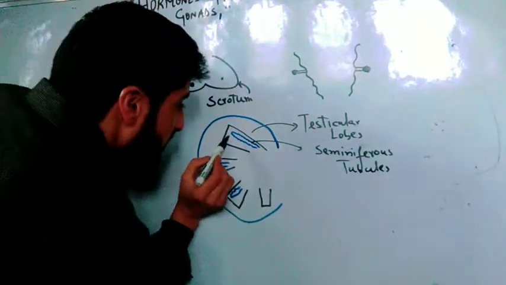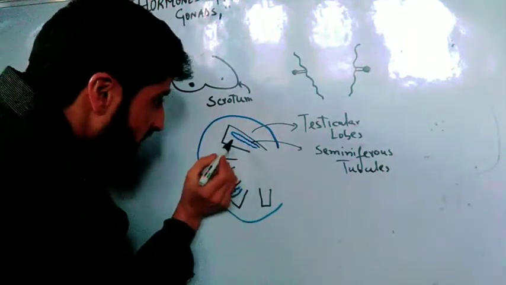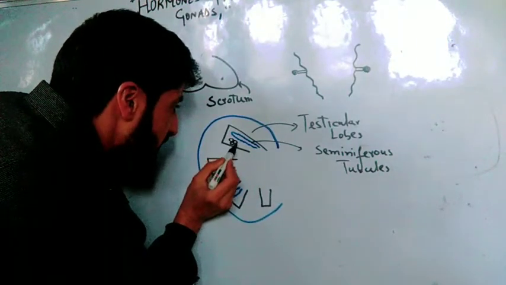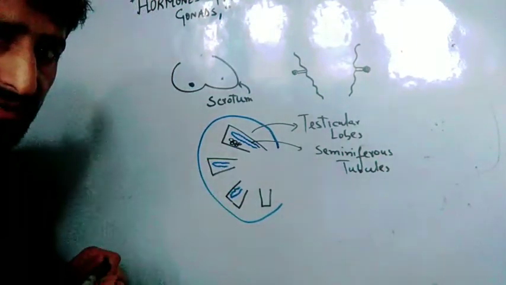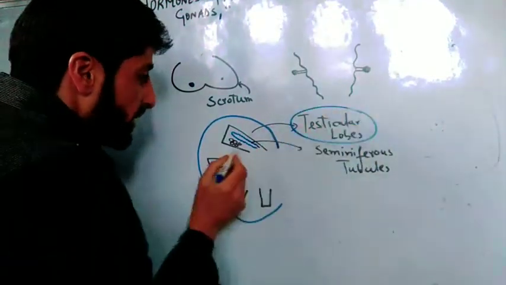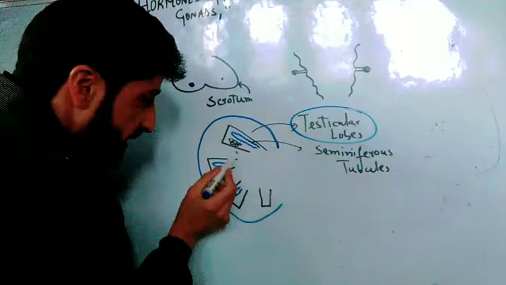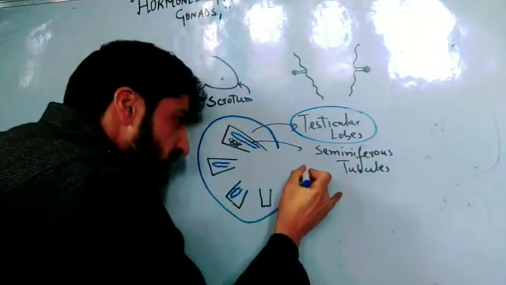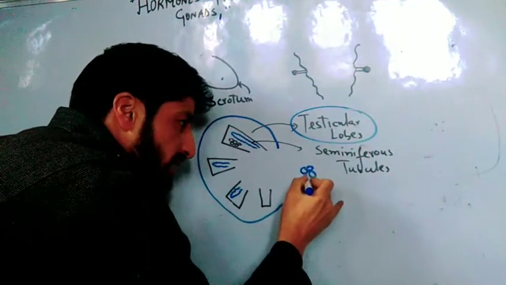Along with the seminiferous tubules, there is present a cluster of specialized cells. In this testicular lobe, there is present seminiferous tubule. Along with seminiferous tubule, there is present a cluster of specialized cells.